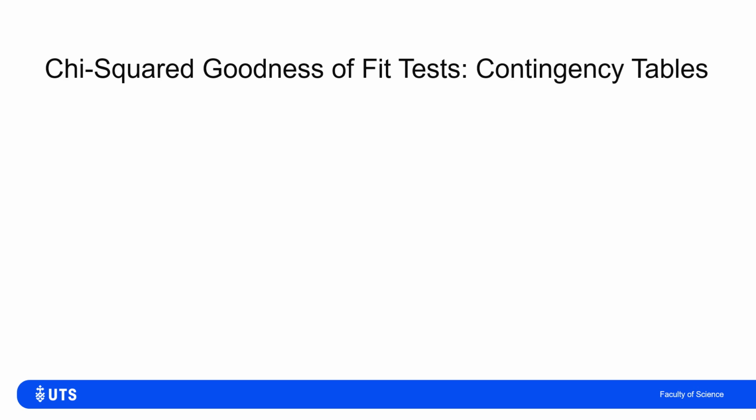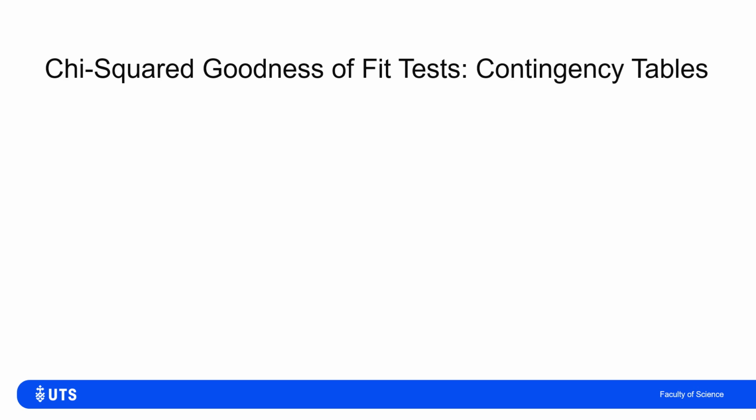What we said on the previous slide was about when I had hypothesized proportions. I hypothesized 10 proportions, 10% in this category, 15% in this category, 5% in this category, and so on. And I could test how closely an observed data set agreed or disagreed with those hypothesized proportions.